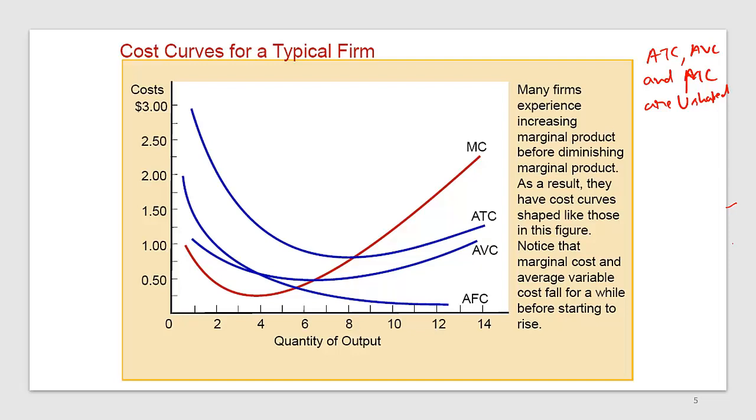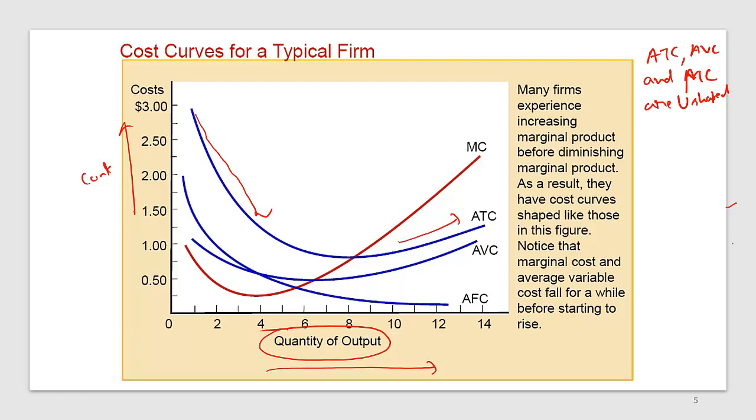In this graph, you measure your quantity of output on the horizontal axis and the costs on the vertical axis. As you increase your output, your average total cost first decreases like this, and then it starts increasing like this.